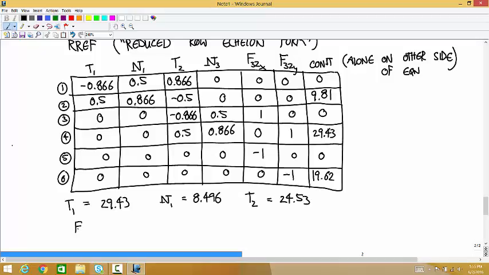And N3? 42.48. Sorry, 42.48? Yep. Okay. F32X is 0. Okay. And F32Y is negative 19.62. F32. Right.